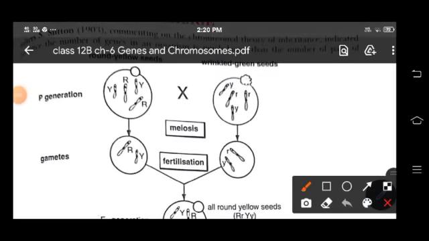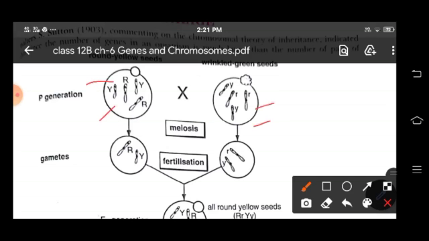Here a simplified version of the chromosomal theory is presented. It shows the movement of alleles of two genes, seed shape and seed color, which are located on two different chromosomes, during a dihybrid cross of round yellow and wrinkled green pea seed varieties.